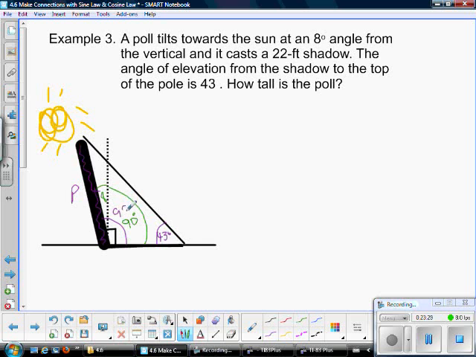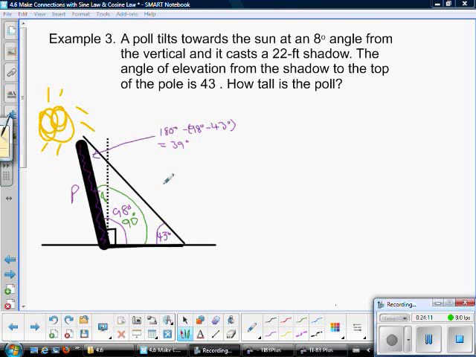We could find the angle at the top, which would be this one, and that would be 180 take away the ones that we do know, the 98 and our 43. So we have that angle as being 39 degrees.